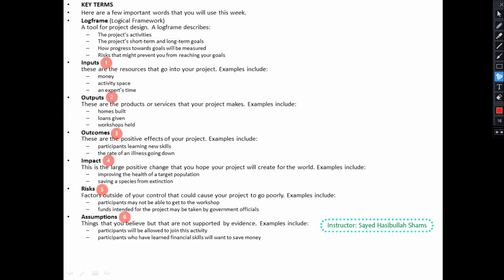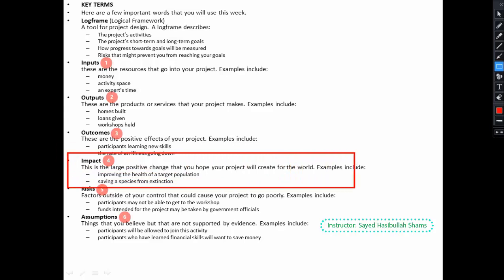So when we design a project, first we will develop a log frame. In the log frame, the first step is impact, which we must write at the top, and then we must write input, outputs, and outcomes.